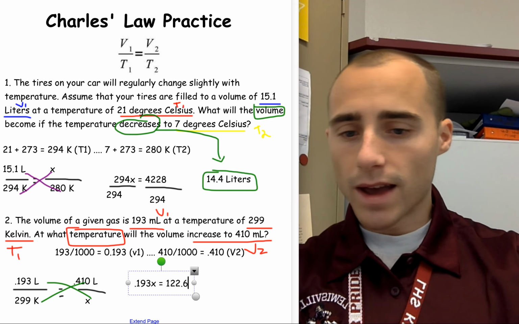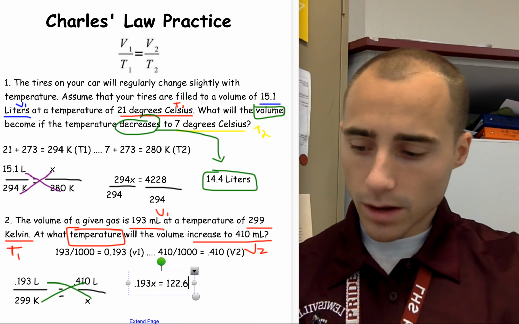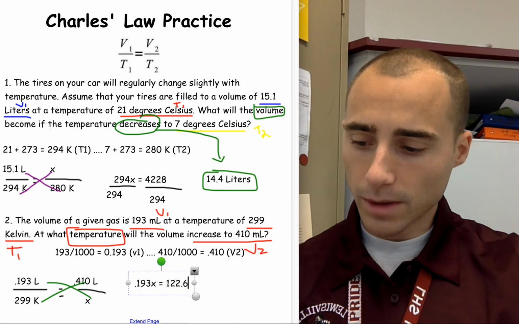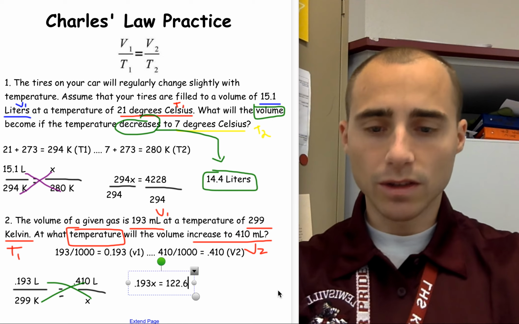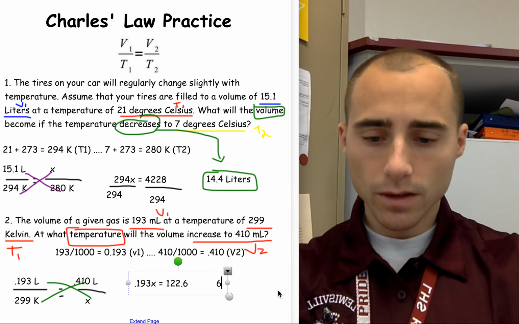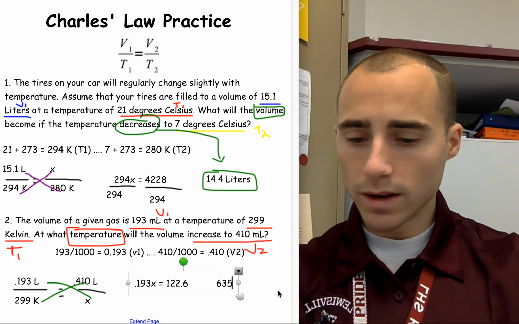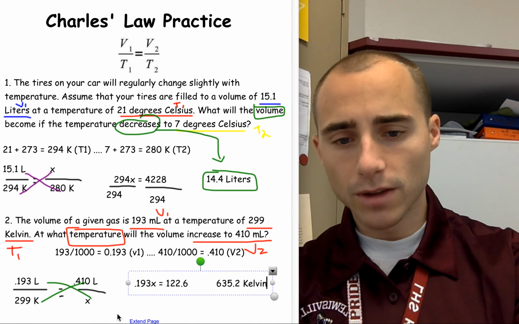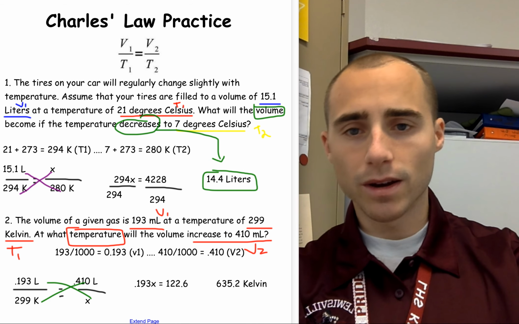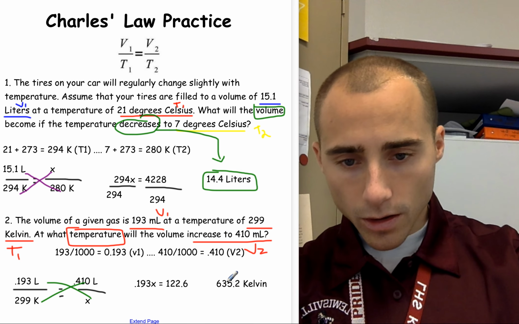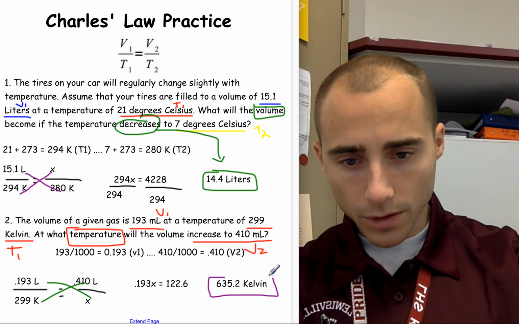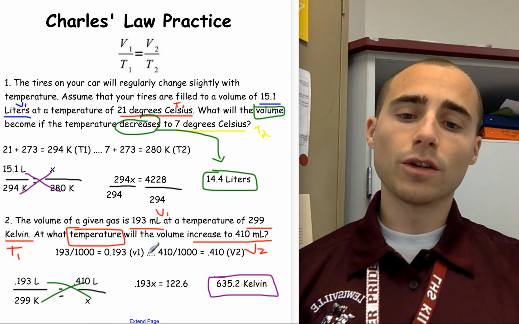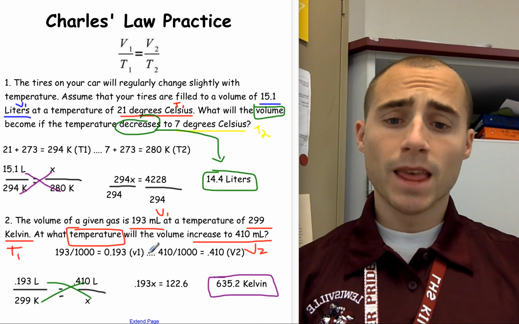Then you divide, of course, by 0.193 to get the x by itself. You end up with 635.2 rounded, and we're solving for temperature, so that means it must be in Kelvin, because Kelvin is where all the fun is happening. Right there, 635.2 Kelvin is your final answer.